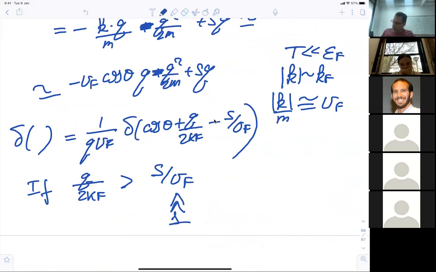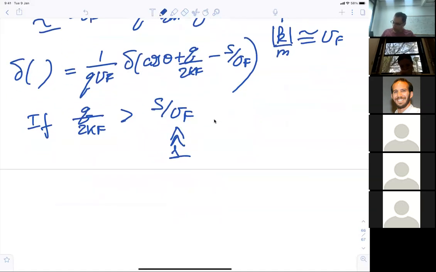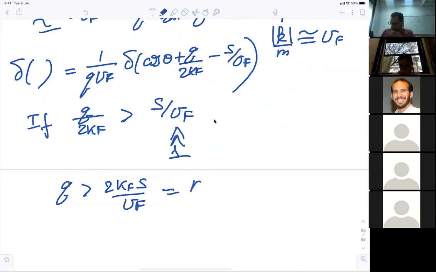So if this condition is satisfied, if q over 2k Fermi happens to be larger than this, in other words, q larger than 2k Fermi S over V Fermi, and this is electron mass times sound velocity.